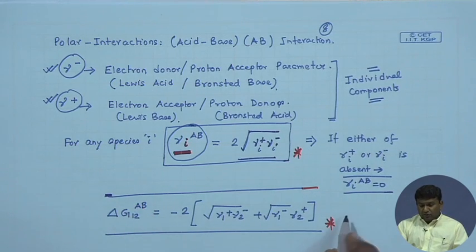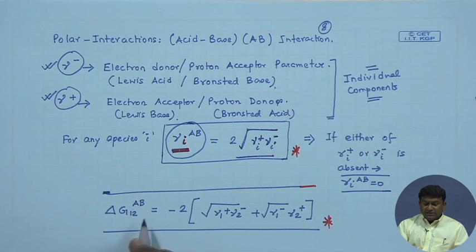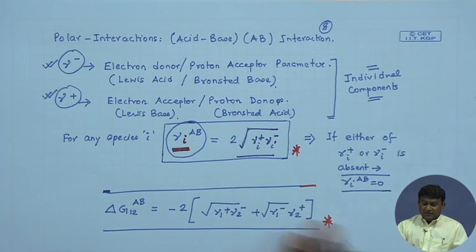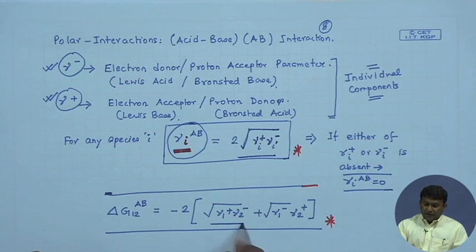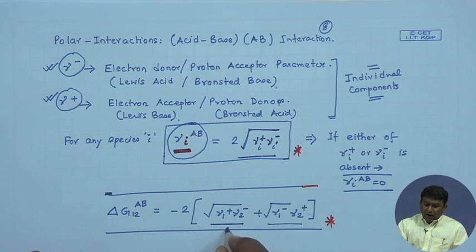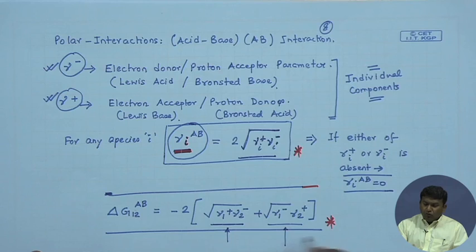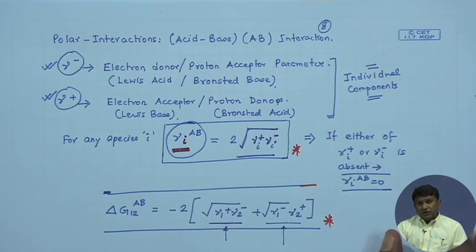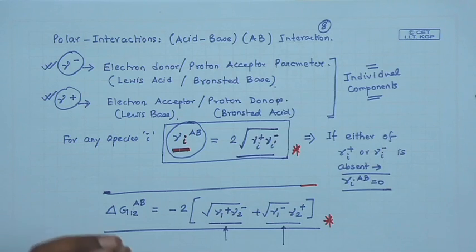Further, we note that for polar interactions, delta G 12 AB, that is the polar component of delta G between two dissimilar surfaces, is given by this particular relation, where it is essentially addition of the two cross interactions, which is obvious, because we already argued that in order to have polar interaction you need to have opposite polarity.